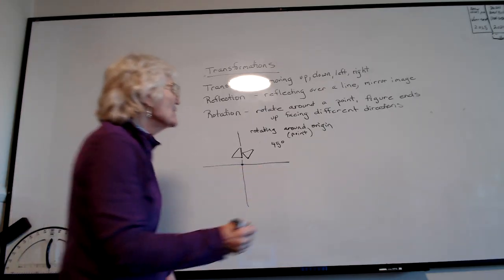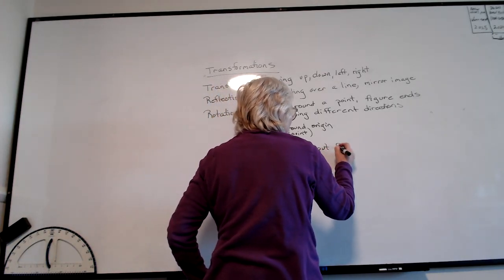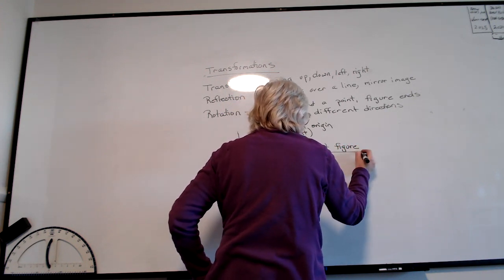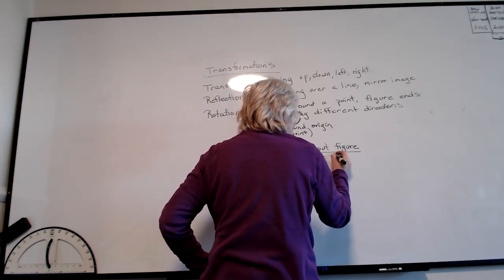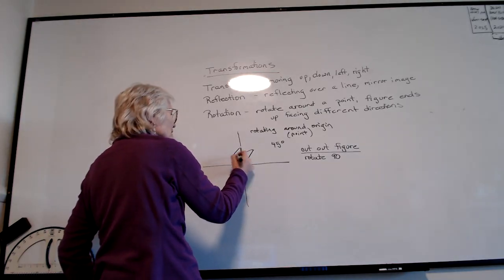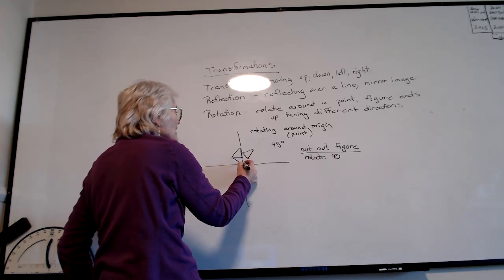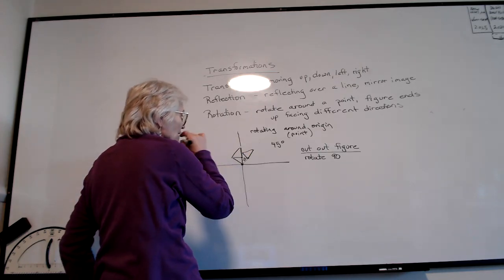But again, you can cut out the figure and then rotate it. You're going to go 45 degrees, and this is going to go 45 degrees, so you need to rotate each of them.